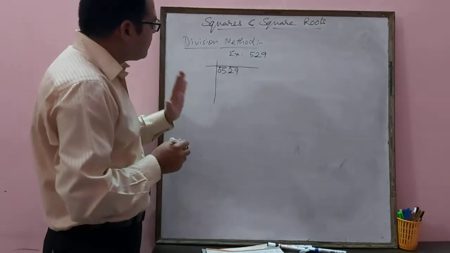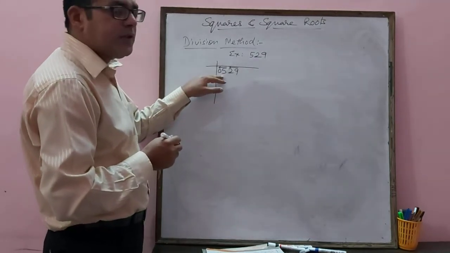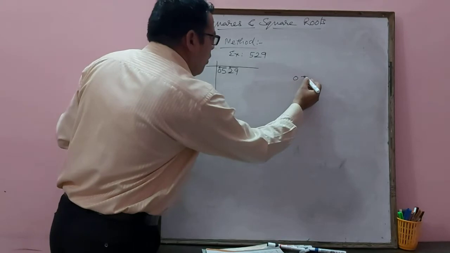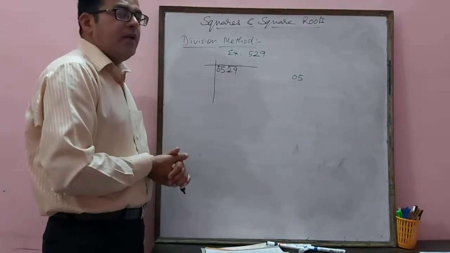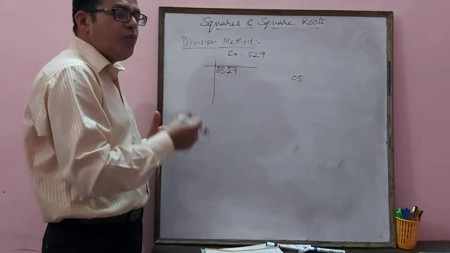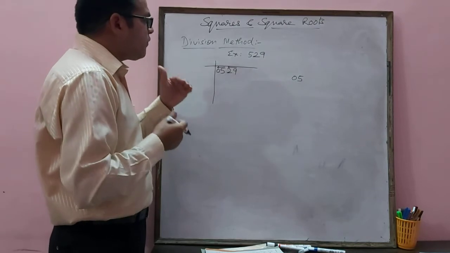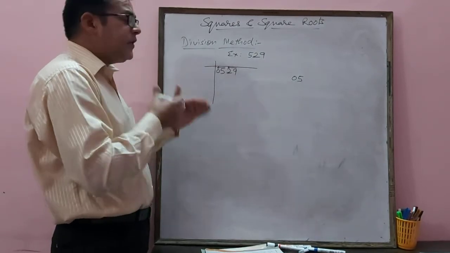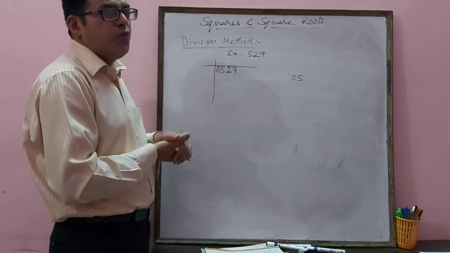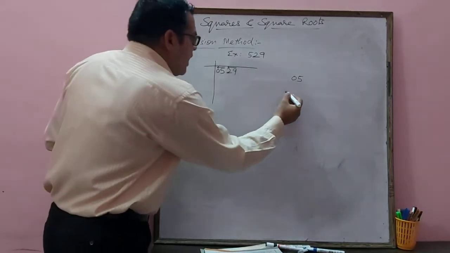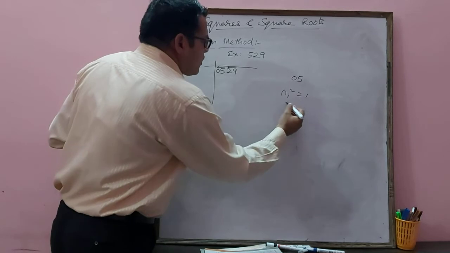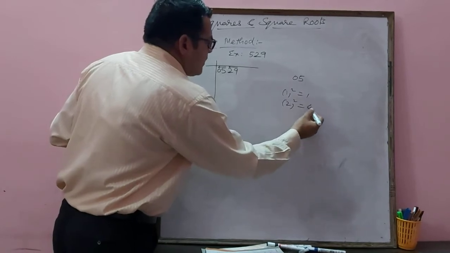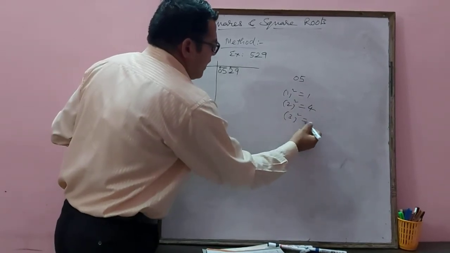Now concentrate only on the first group, that is 05 or simply 5. Now what to do? We have to find the number whose square is just near to 5. So start from 1: the square of 1 is 1, the square of 2 is 4, the square of 3 is 9.